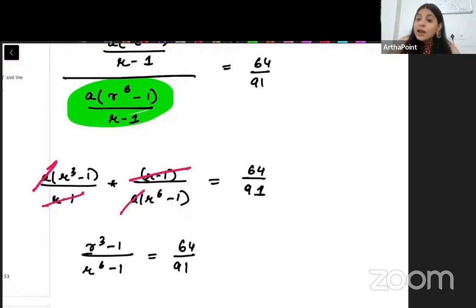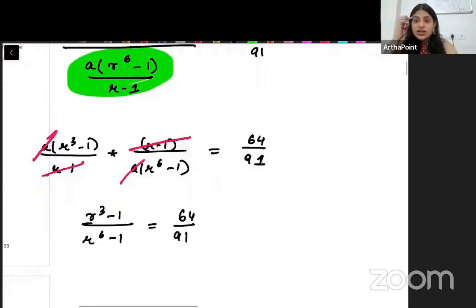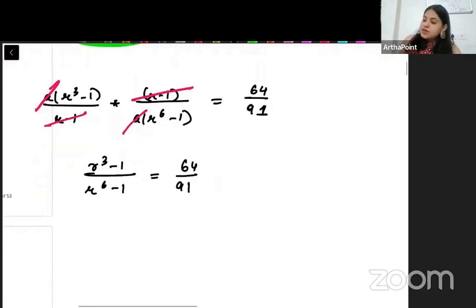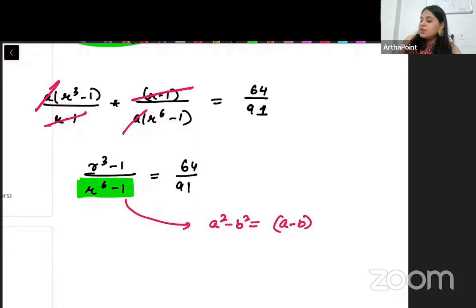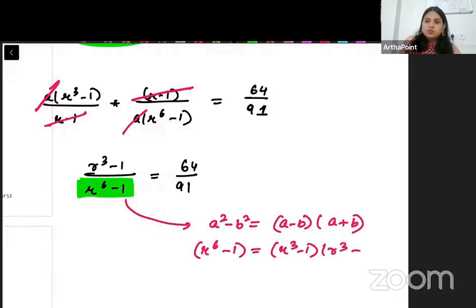Now, if you start solving this by cross multiplying, it will take you a life to solve this. We don't have to do it like that. Let's understand this. Can I write this in the format of a square minus b square equals (a minus b)(a plus b)? I can. So r to the power 6 minus 1 can be written as (r to the power 3 minus 1)(r to the power 3 plus 1).